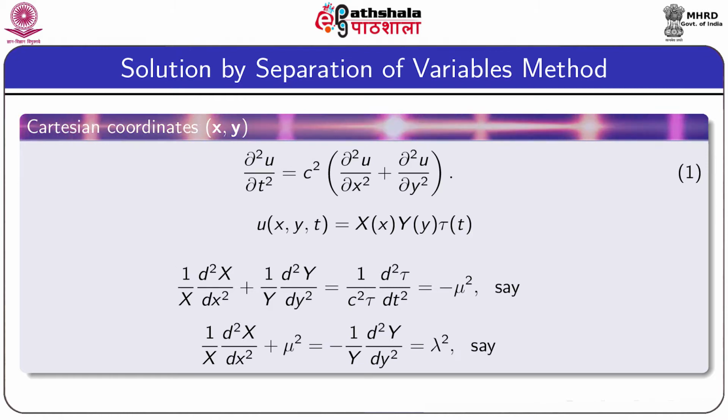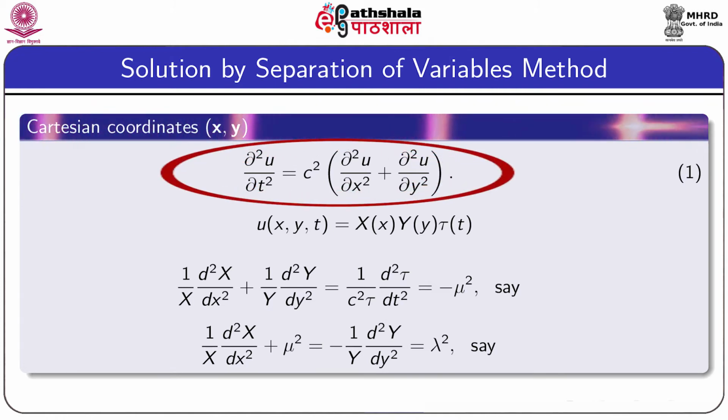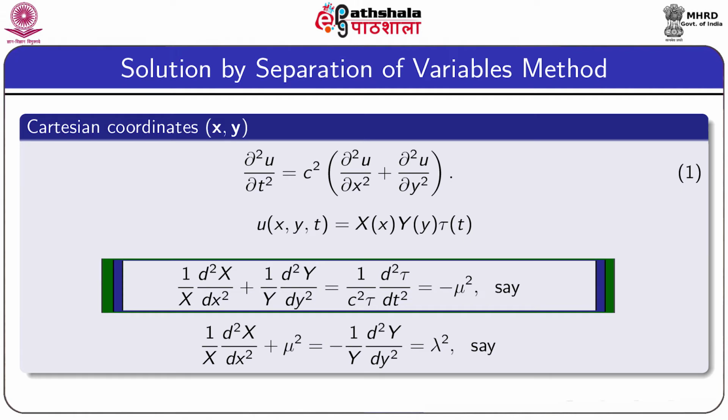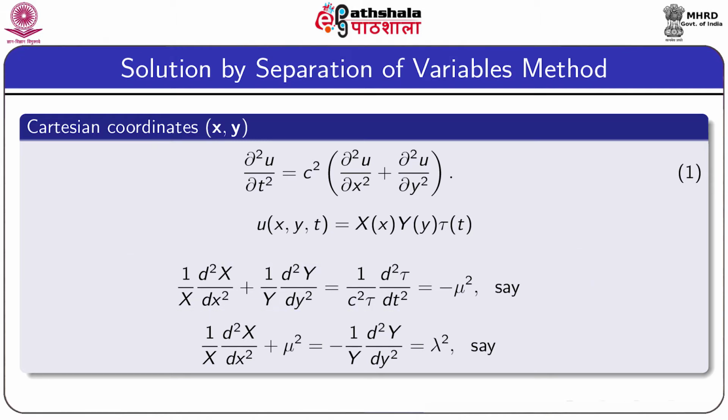The wave equation in Cartesian coordinate system is written here: ∂²u/∂t² = c²(∂²u/∂x² + ∂²u/∂y²). In the separation of variables method, we write the solution u as a product of capital X, capital Y and tau, and we substitute this solution into equation 1 to obtain the expression written in the next line: (1/X) ∂²X/∂x² + (1/Y) ∂²Y/∂y² = (1/(c²τ)) ∂²τ/∂t².